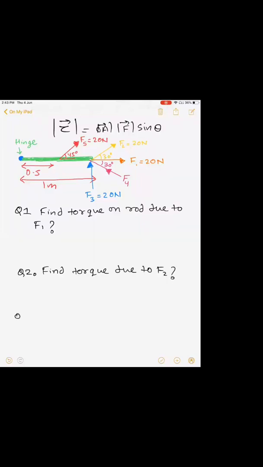Question 3 says find torque due to F3. Okay, we solve this.